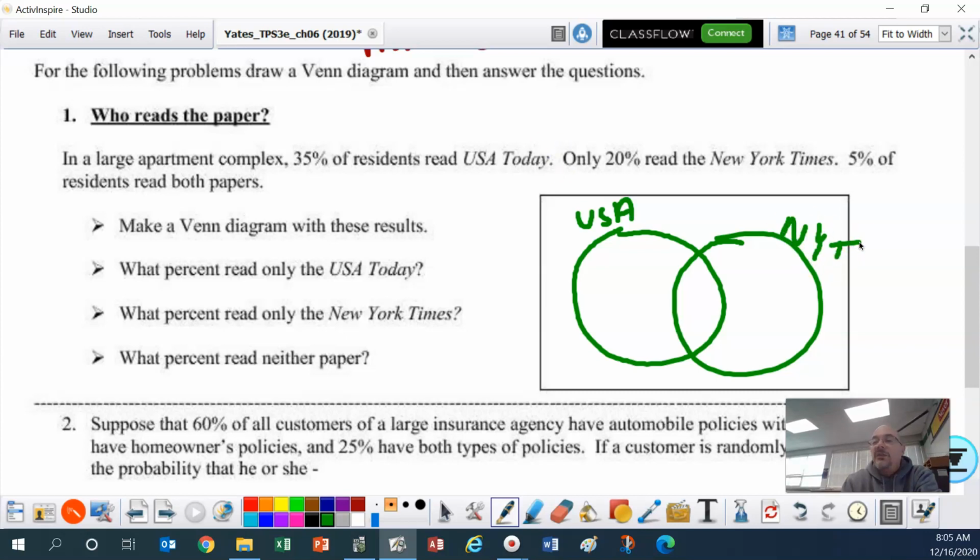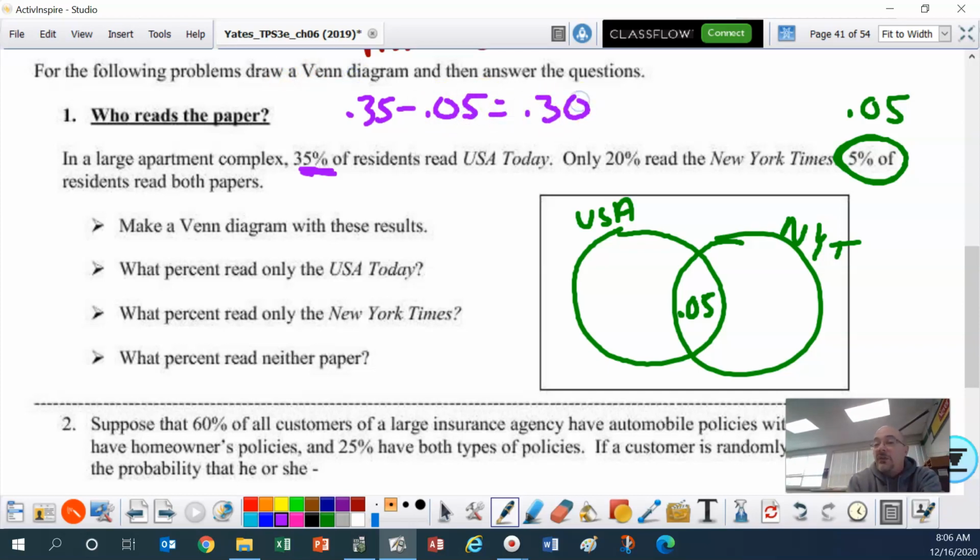Now, I always start in the middle, folks, and always use the decimal. So reading both newspapers is 0.05. Now, be careful. You already have 0.05 in the center. USA Today is 0.35, but you already have 0.05 in the middle, so you've got to take that out.